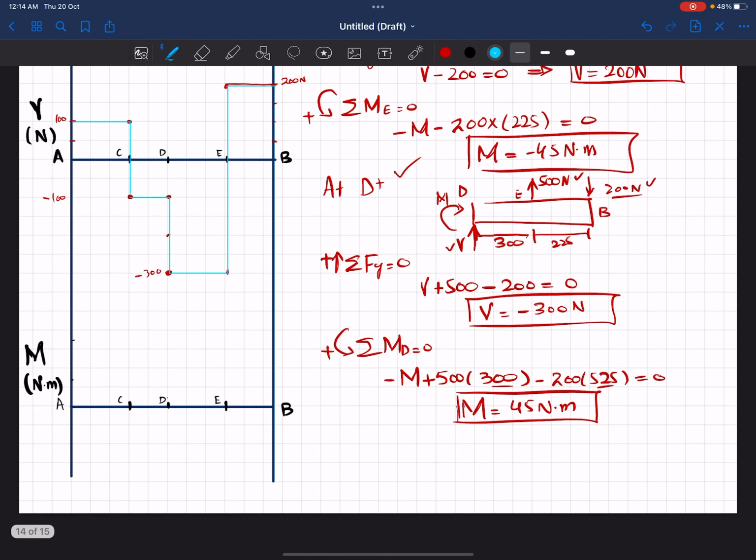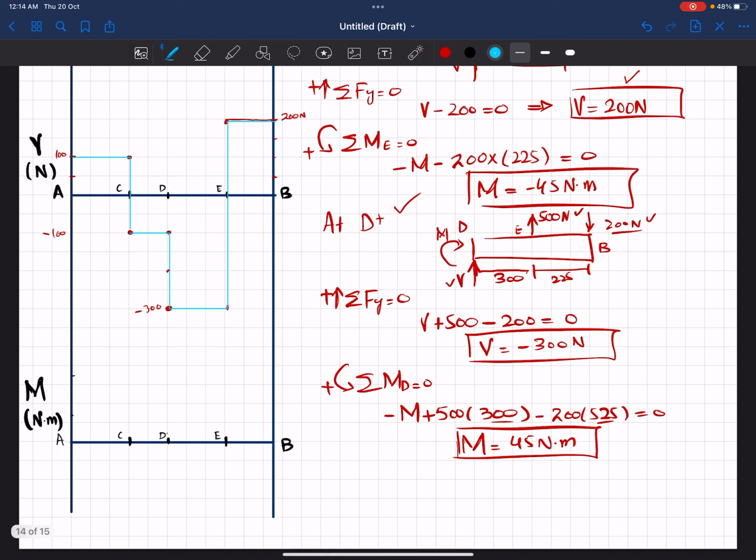Now we'll move toward the bending moment diagram, and in the bending moment diagram we take one division equal to 25 Newton meter. In shear force we had one division equal to 50 Newton. So on the y-axis one division is equal to 25.